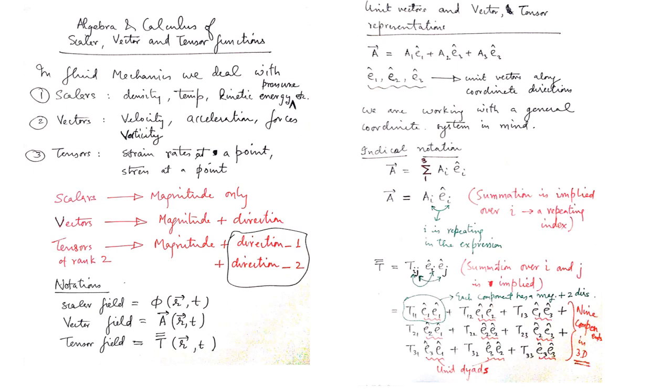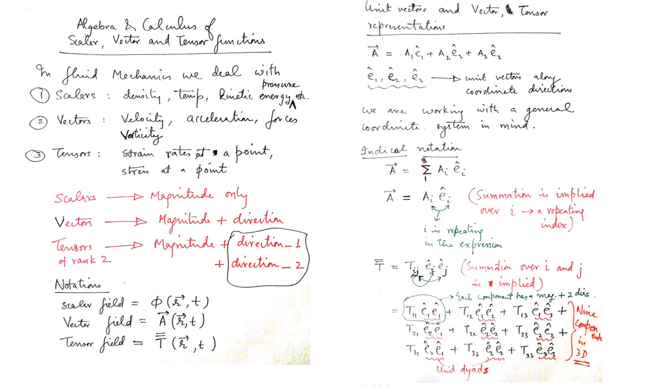So just to have a quick look at the differences from a mathematical point of view in these three quantities. Scalars, as we all know, have got a magnitude only. So you just assign a real number to represent that magnitude. For vectors, you have two things associated, a magnitude and a direction.